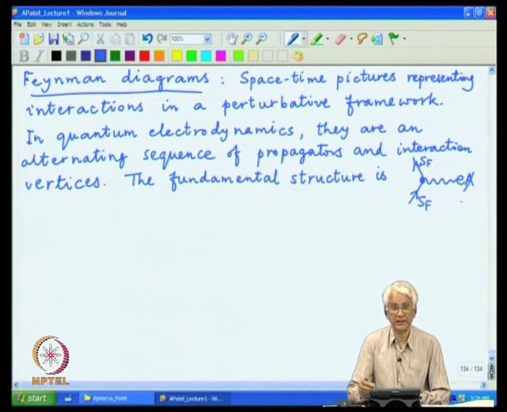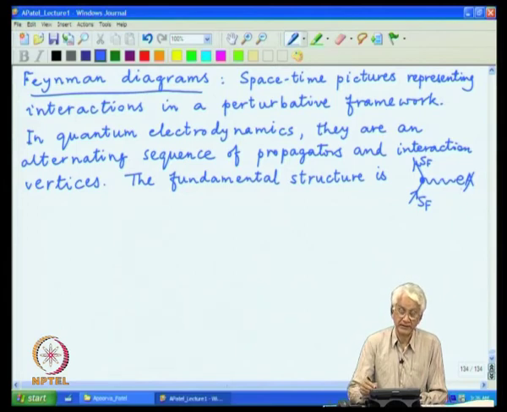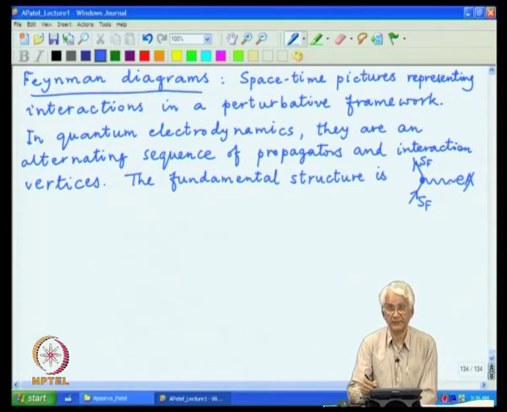This is generalized further in a full theory of quantum electrodynamics, where the interaction vertex is interpreted as interaction with a photon, and the wavy line which I have drawn here then will become a photon propagator, but we will come to that when we discuss the dynamical behavior of photons interacting with fermions.